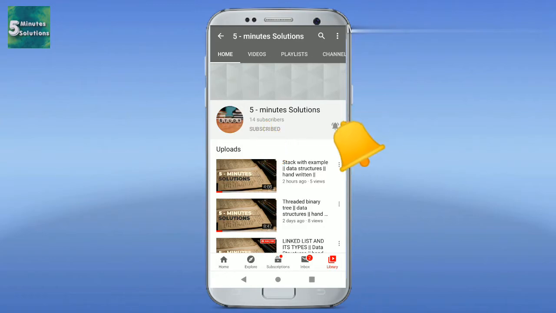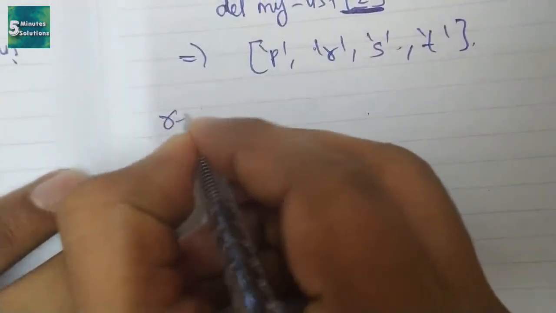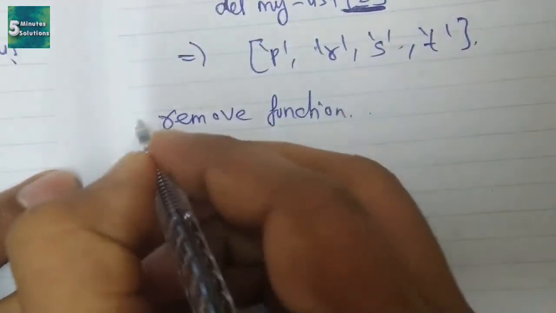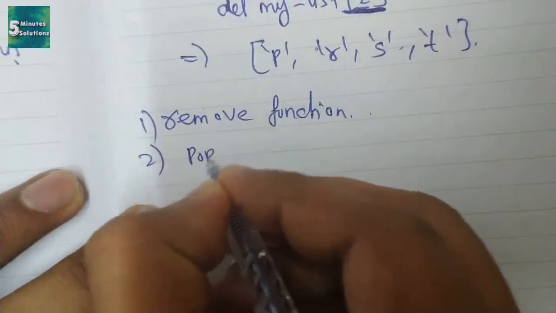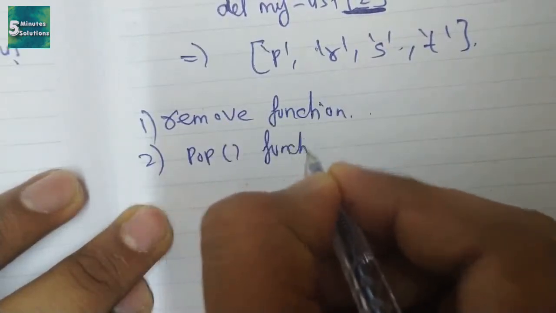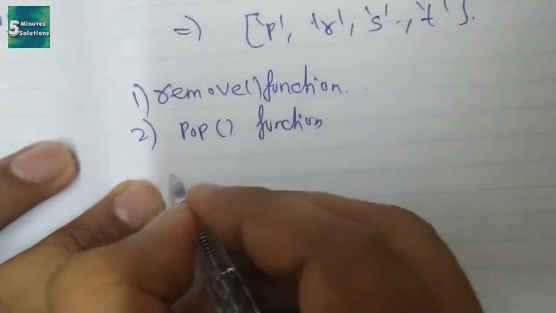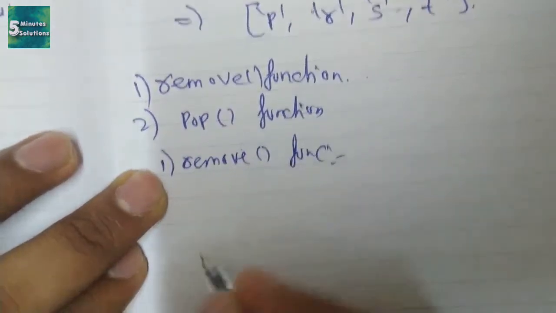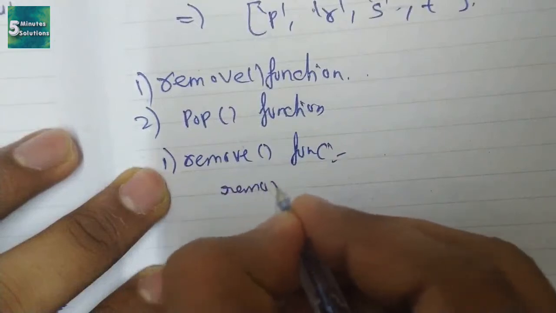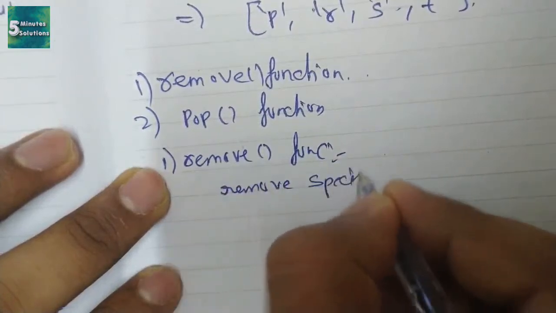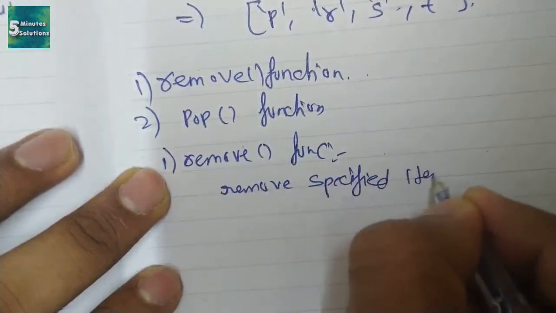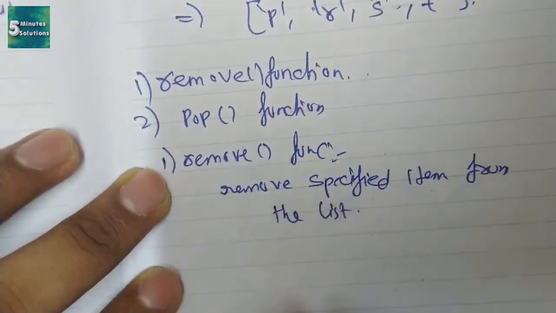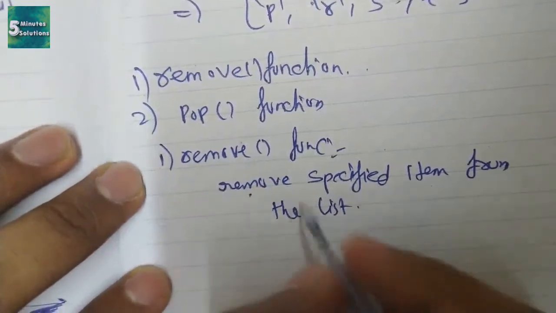There are 2 functions: one is the remove function and the second one is the pop function. First of all, let's explain the remove function. The remove function is used to delete or remove the specified element from the list.